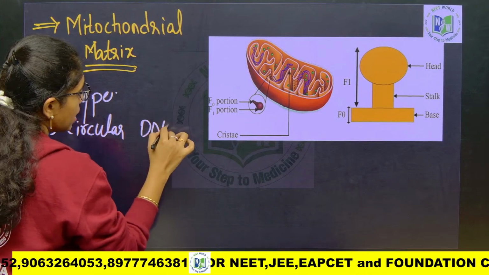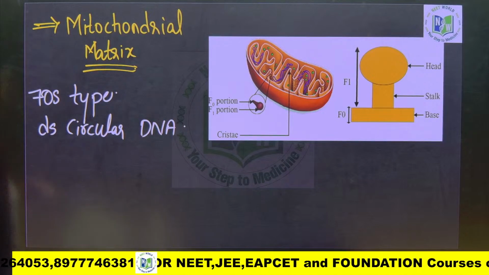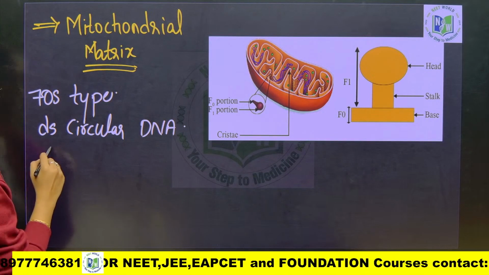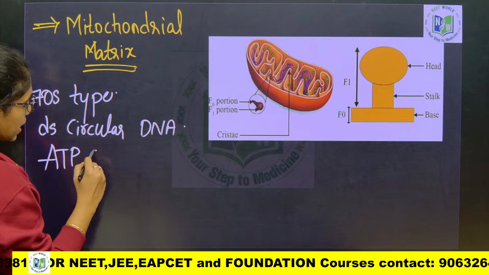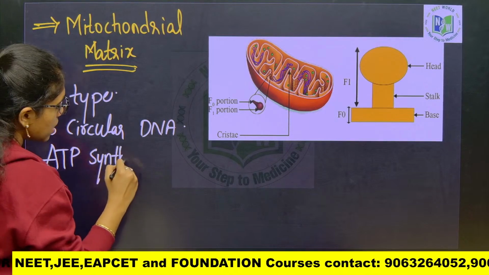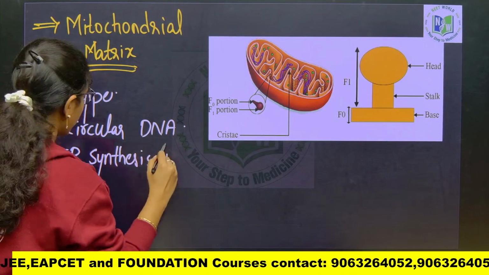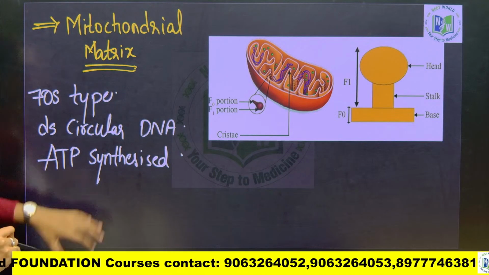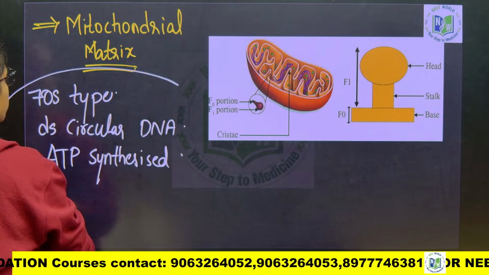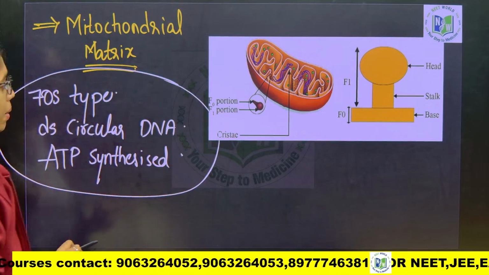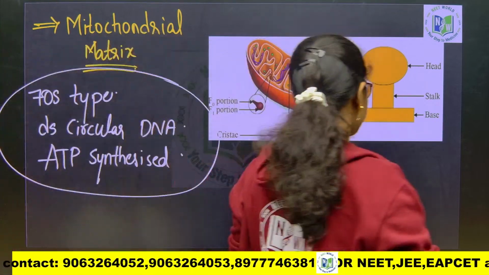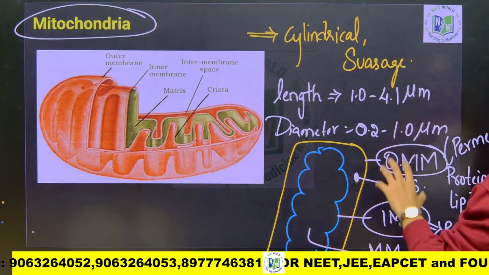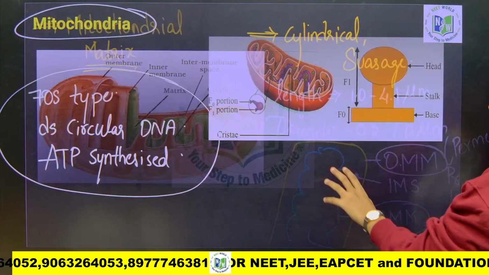Double stranded circular DNA, 70S ribosomes, and ATP is synthesized in the mitochondrial matrix. These are the three things that you observe in the mitochondrial matrix. So this is the structure and this will be the composition.